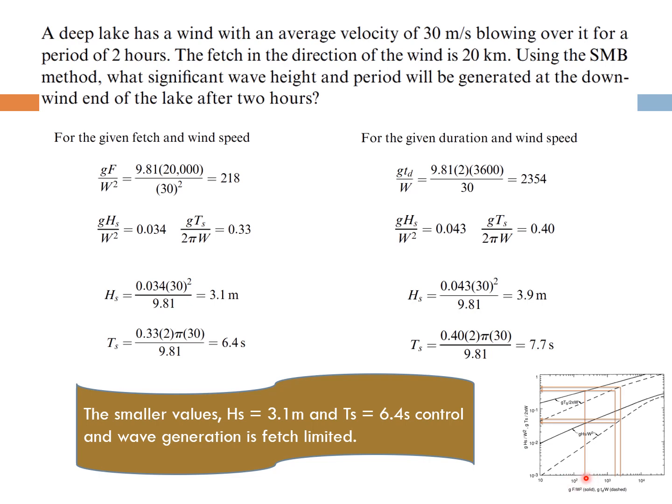We read the value on the horizontal axis for the dimensionless wind fetch. We can go to the solid curve, which is this one, and read across to get the dimensionless wave height, and what we get from the chart is 0.034.